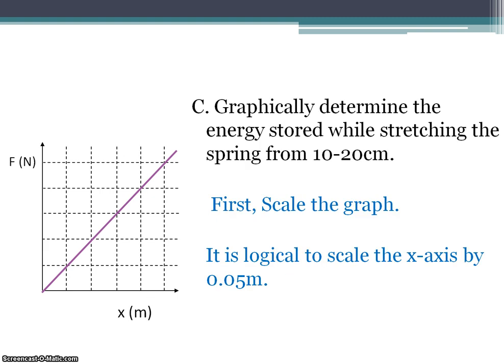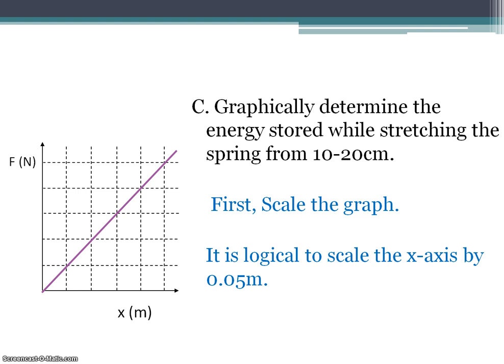Pretty straightforward. Part C, now we're going to use the graph to try to answer some of the same questions. In this one, we're going to find the energy stored from 10 to 20 centimeters. The first thing we want to do: this graph wasn't given, we weren't given any numbers on this particular graph, so we want to figure out how to scale it.